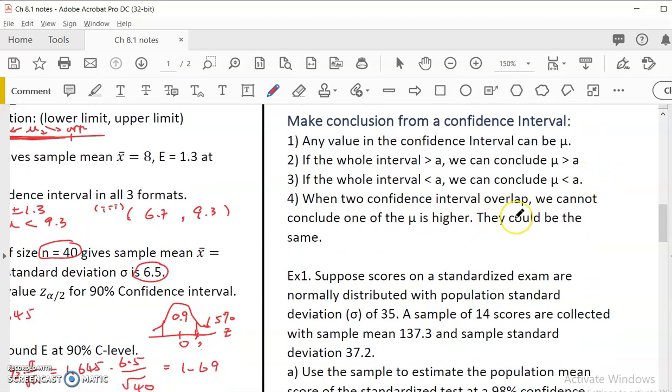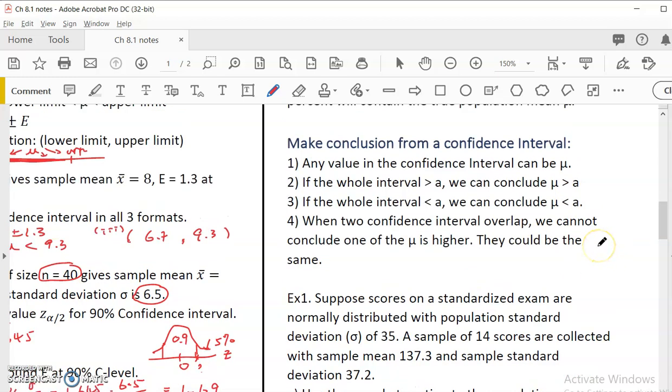The next thing after you construct a confidence interval is what can you use it for? Because we don't know what mu is actually supposed to be, we know that it is in a range, an interval, right, having a low number and a high number, but the population mean is just one number.